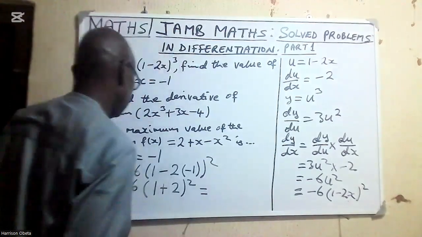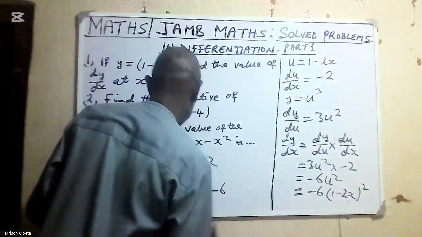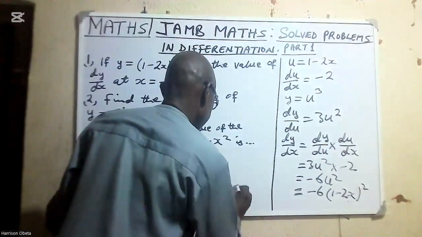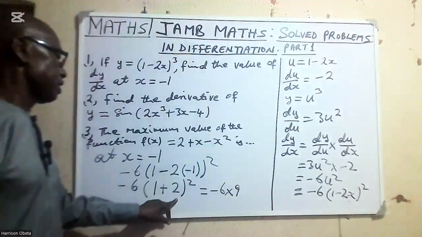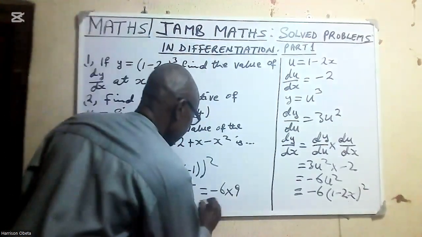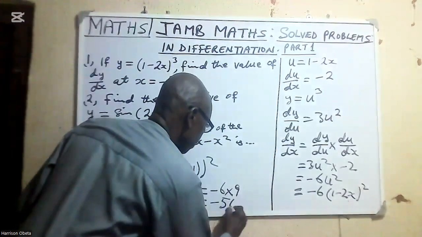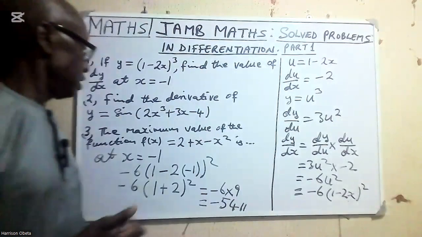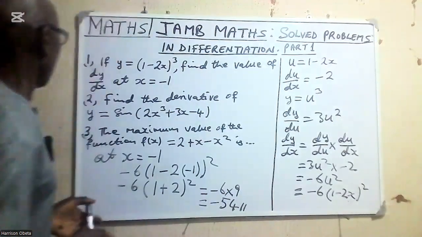That will give us minus 6 times 9, because 3 times 3 is 9. So finally, we have minus 54 as our final answer. So that is the answer to number 1.